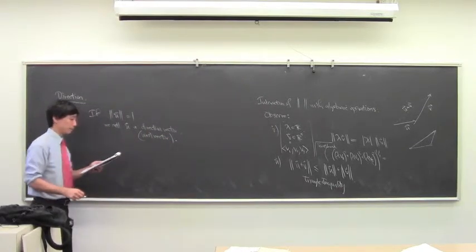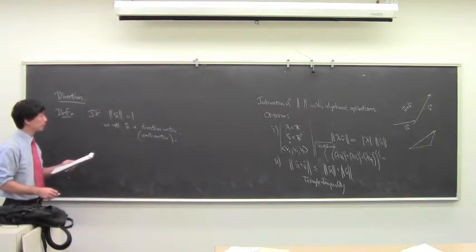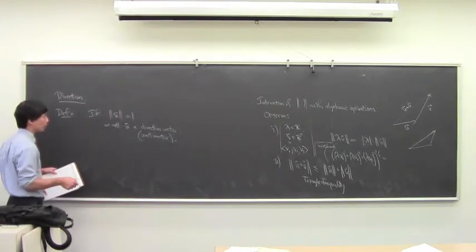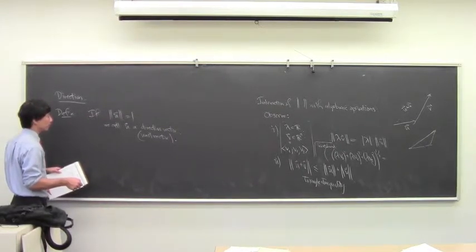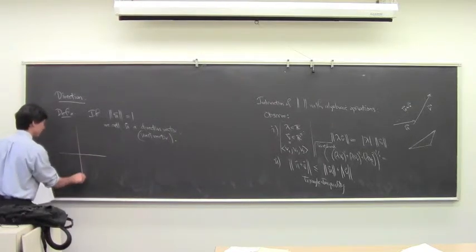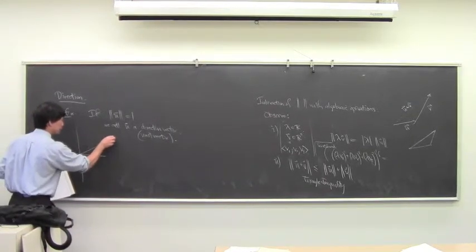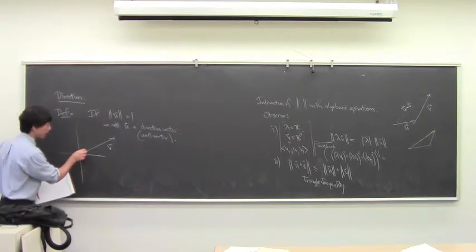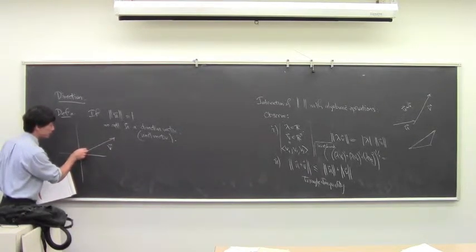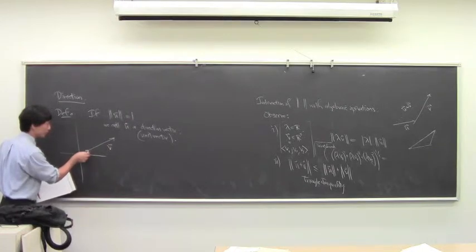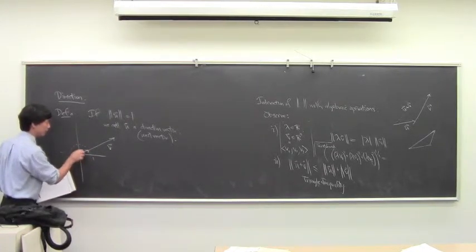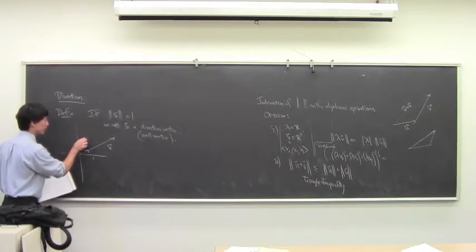Either one. So here's the picture. You have some vector v, and then the vector along the same direction with a magnitude of 1, we call this thing the direction of v.